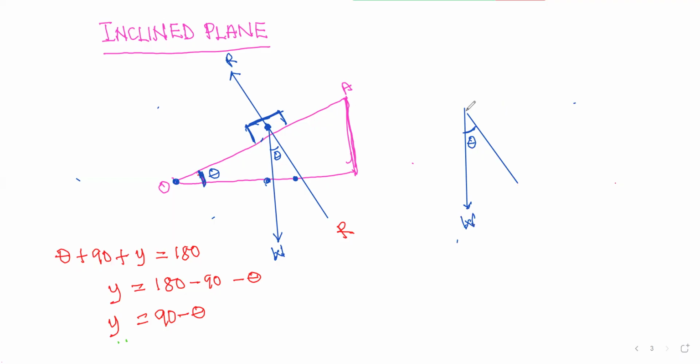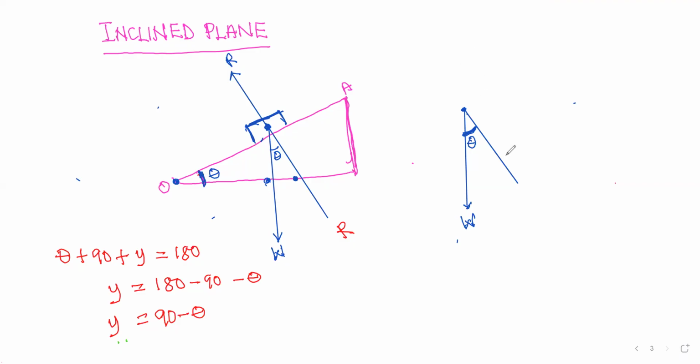If I want you to measure, supposing we have a protractor and I want you to help me measure this angle, how would you do it? Class, I want you to help me measure this angle theta using a protractor. Practically, how would you do it? Can anybody help?